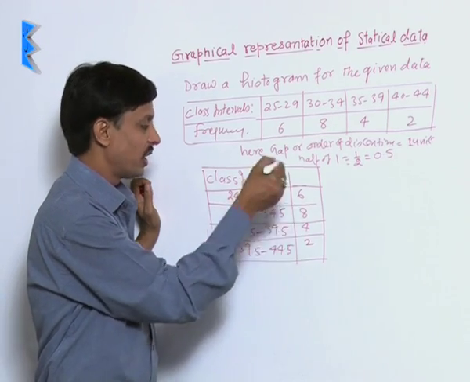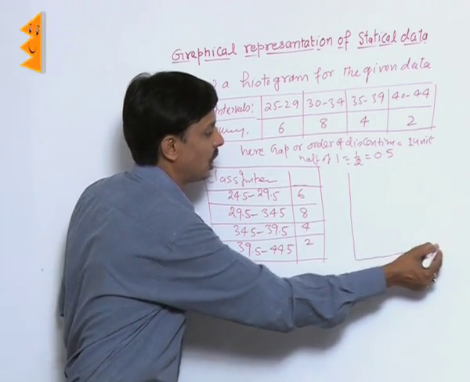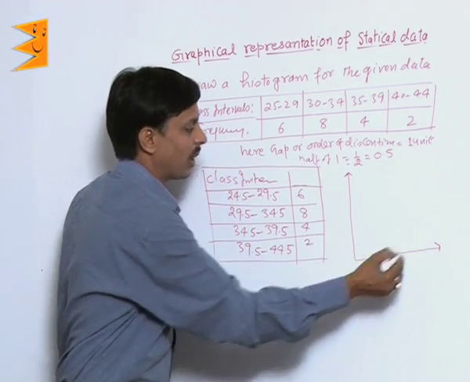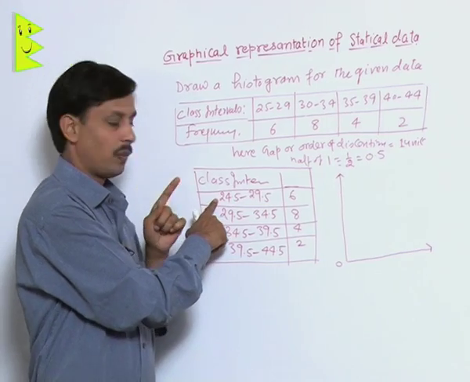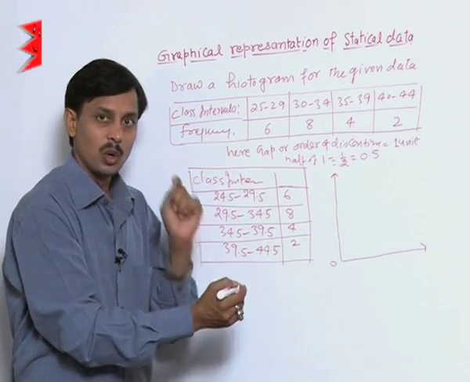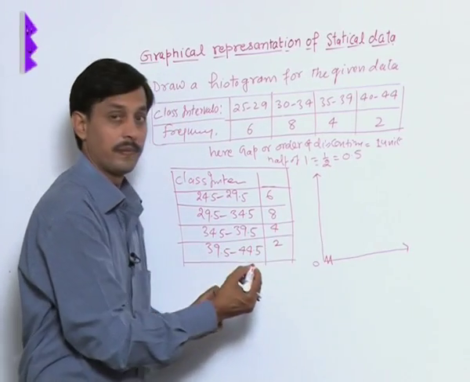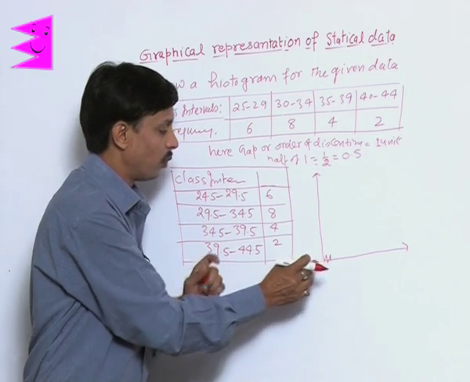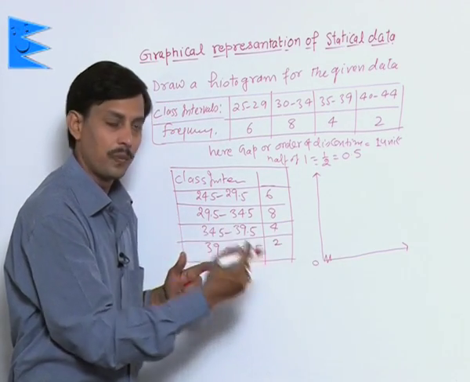How do we draw its bar graph? The drawing of the bar graph is the same procedure, but one more thing is to be observed: the lower limit of the first interval is not 0. So we always take a kink here. We call it a kink, which shows the gap from 0 to 24.5.